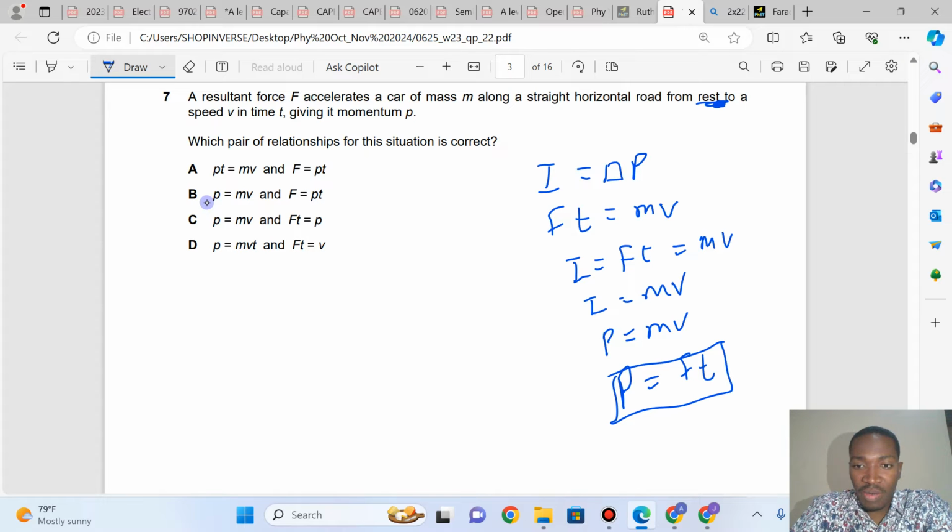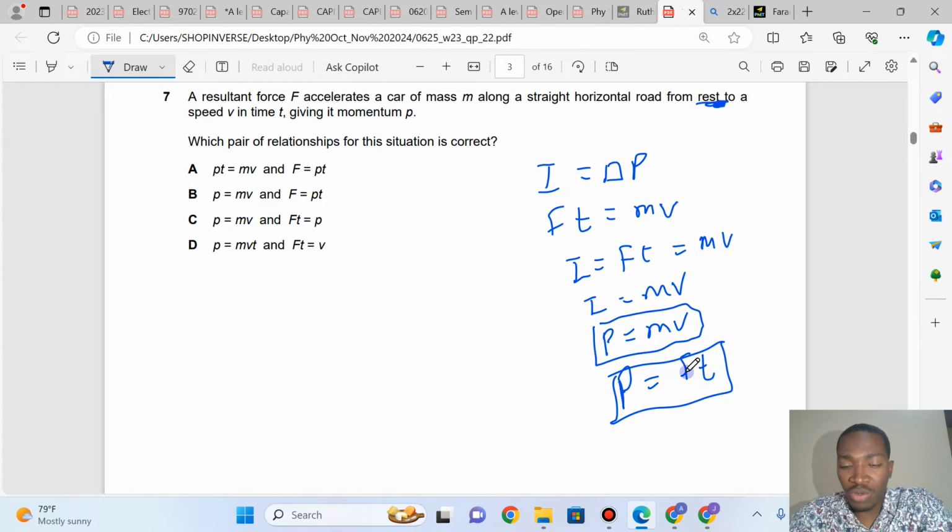So momentum equals mv, and momentum is also equal to force times time, because force times time is impulse. And since impulse equals the change in momentum, and the initial velocity is 0, you don't need to talk about change in momentum. Just focus only on momentum, because the momentum is changing from 0 to a maximum value.